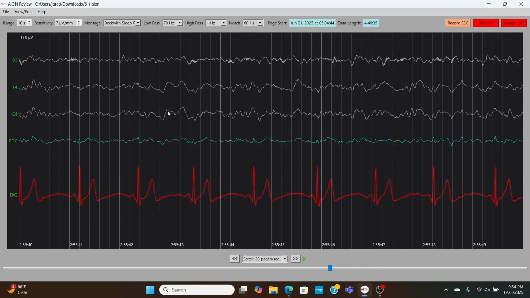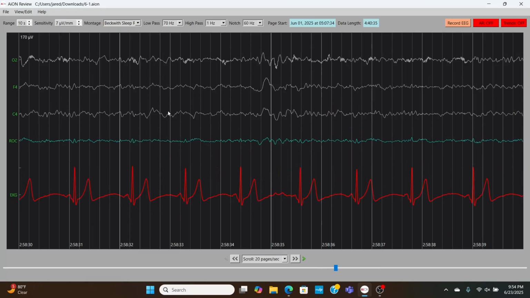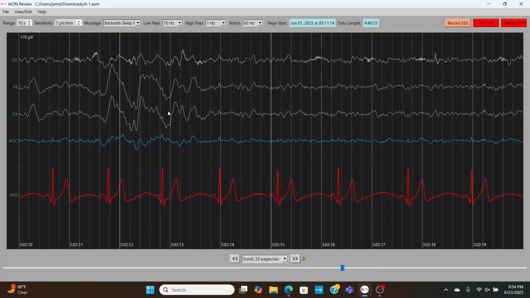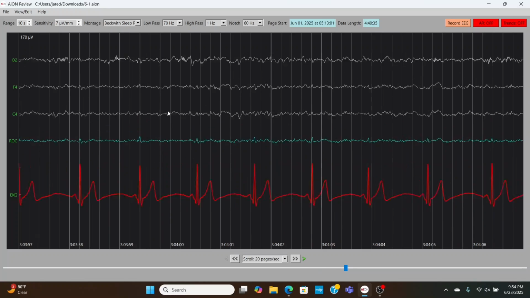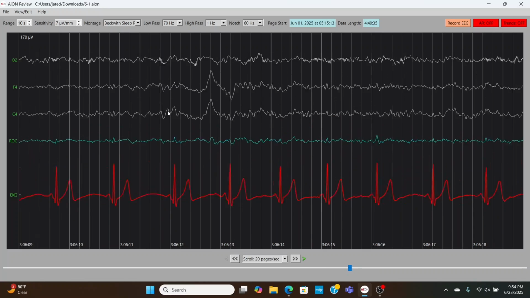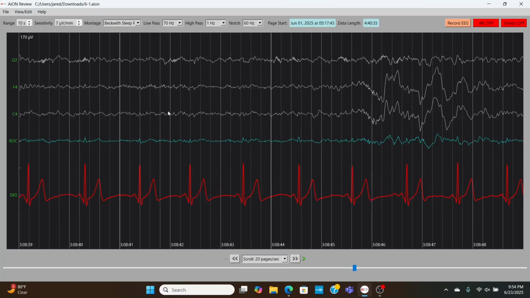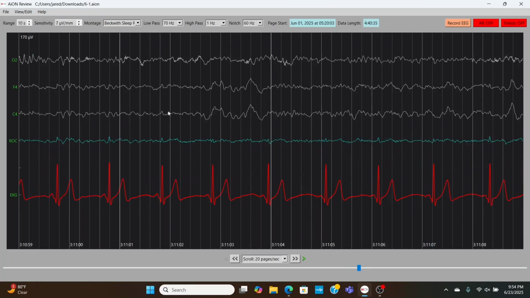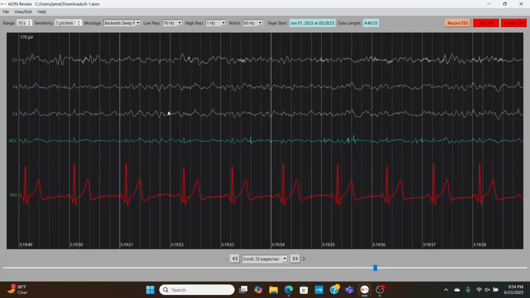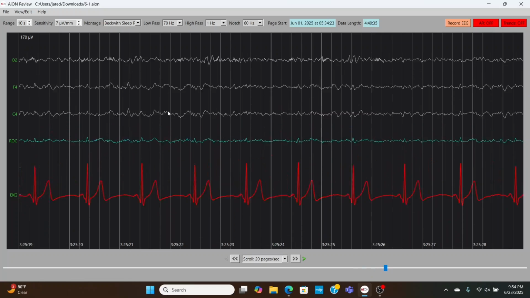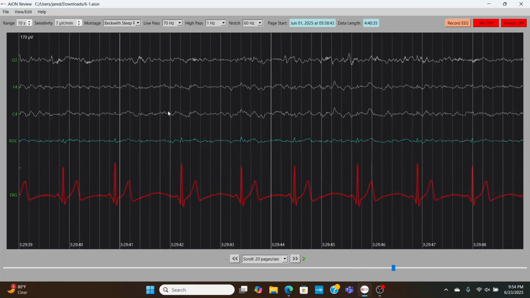That one is in C4 or C3, and it goes away when the person thinks about moving the opposite hand or the contralateral limb. It's pretty interesting, mu rhythm. Now, I'm going off on a little tangent here, but I'm essentially saying it takes a while to learn to read EEGs. I'm not perfect myself, but the main thing is I wouldn't miss anything obvious.